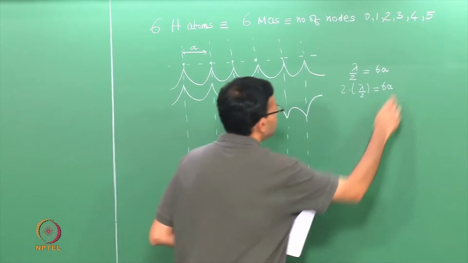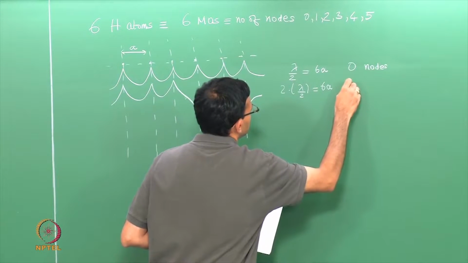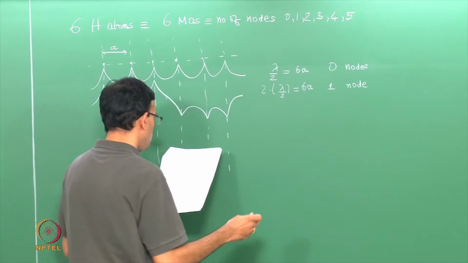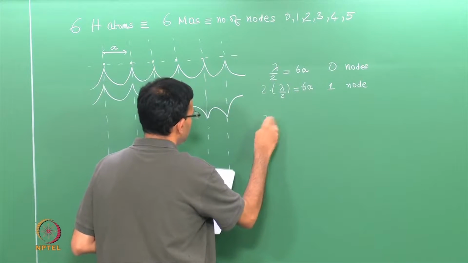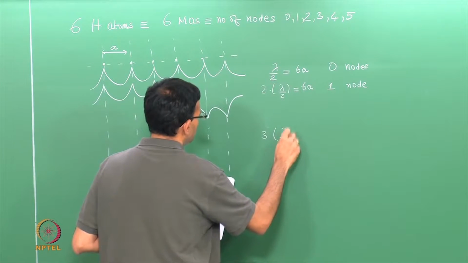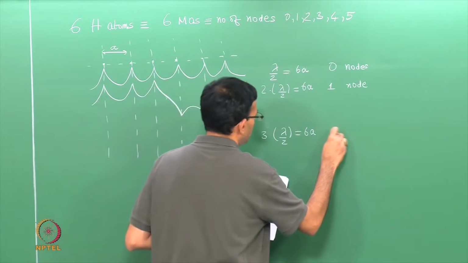Next you have 2 nodes. So, let me write this as 0 nodes, 1 node, 2 nodes. Now it is 3 times lambda over 2 equal to 6A. So, now you have 2 nodes.